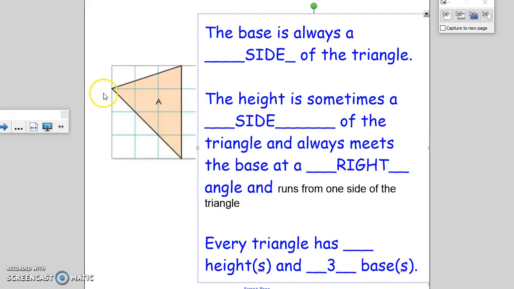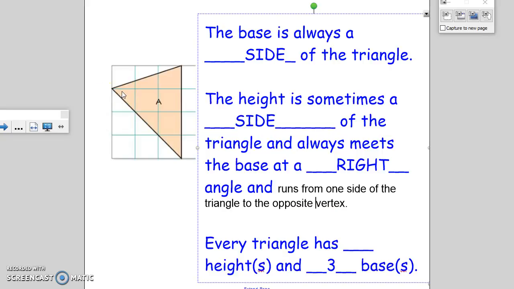Where can it go? It actually has to go to the vertex, okay? That's an important restriction, okay? I can't just start drawing random lines. It has to go at a 90-degree angle from one side to the opposite vertex, okay? So that is a really important point.